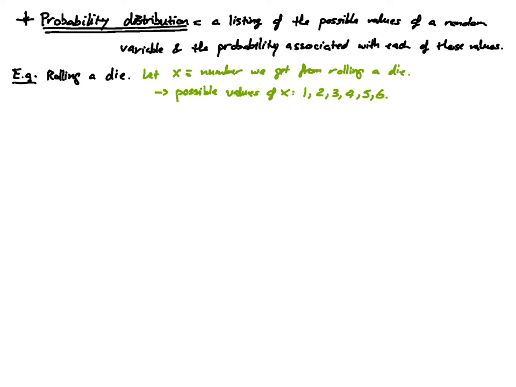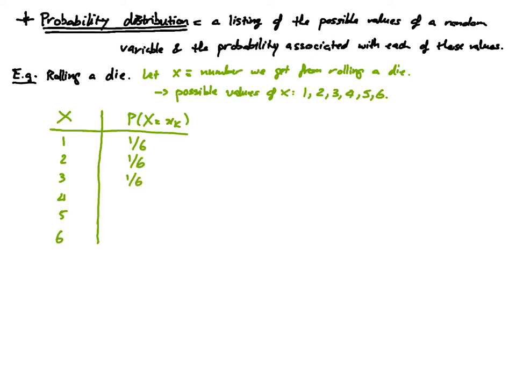So I can construct a table that looks kind of like this. So we have x here, we have the probability that x is equal to x sub k. So I have 1, 2, 3, 4, 5, and 6. Then I have 1 over 6. So in one column, I have the possible values of x.